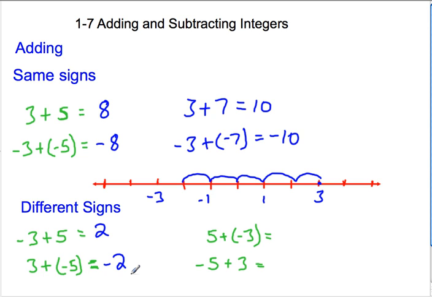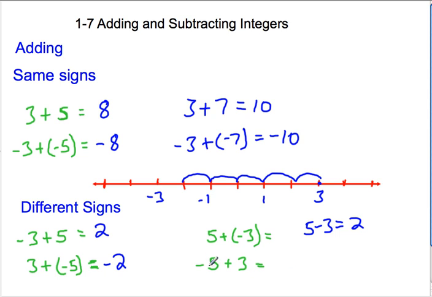So if you remember from yesterday's video, we talked about absolute value. So when you're adding things with different signs, what you can do is think of them in terms of absolute value. So this 5 here is a 5, and this negative 3 here is a 3, and we're going to subtract them. So you can do 5 minus 3 is 2, and this one was positive, the biggest one was positive, so my answer is going to be positive.